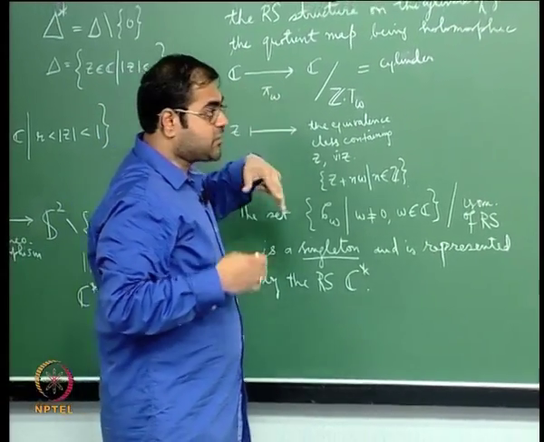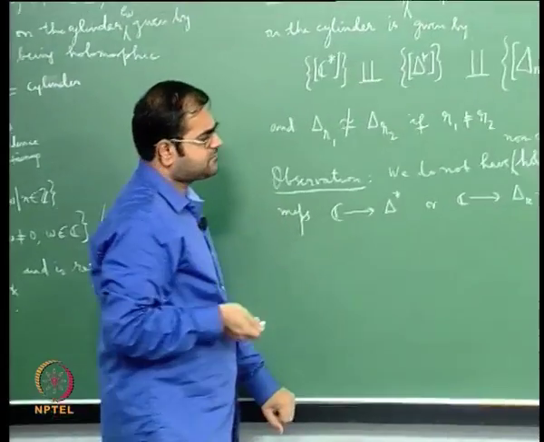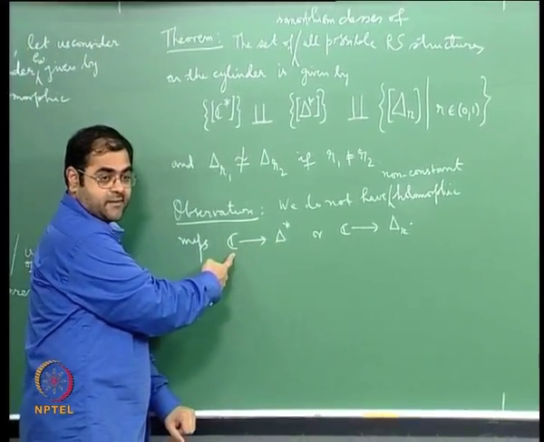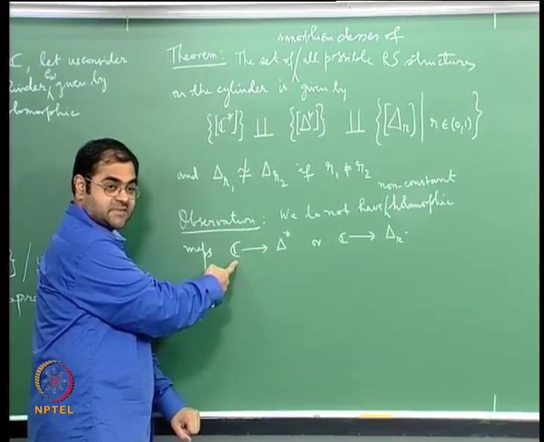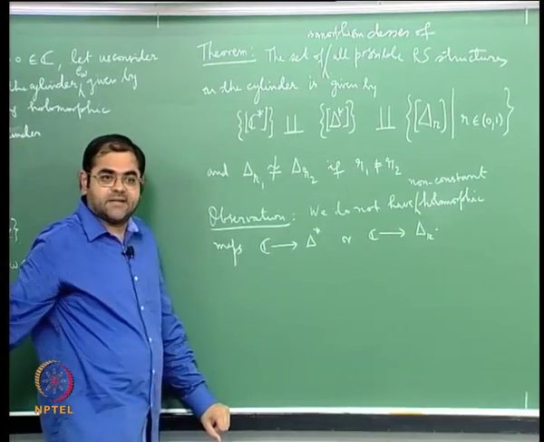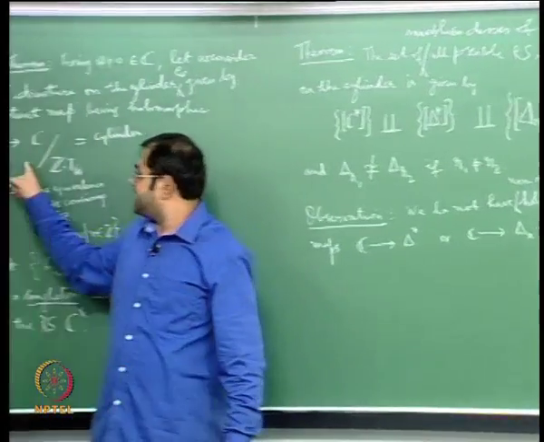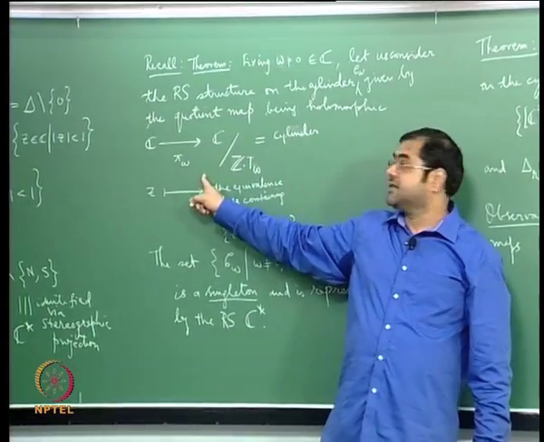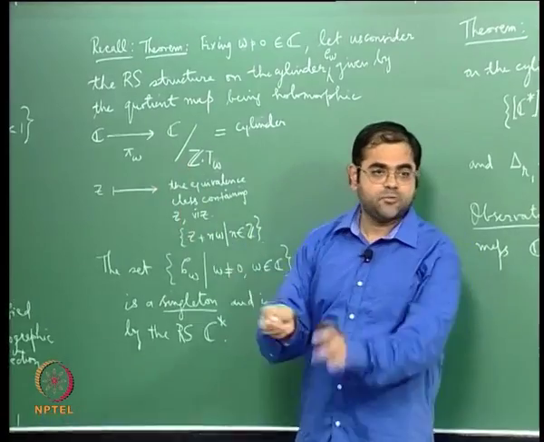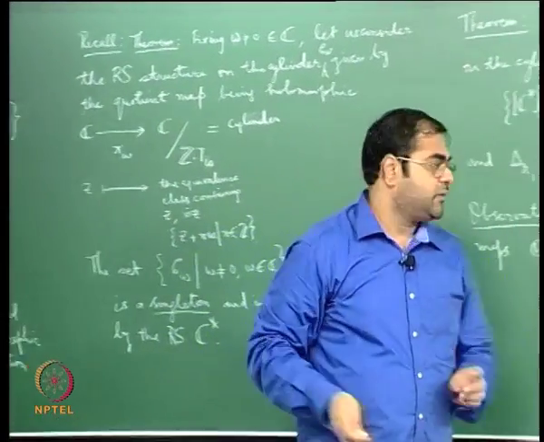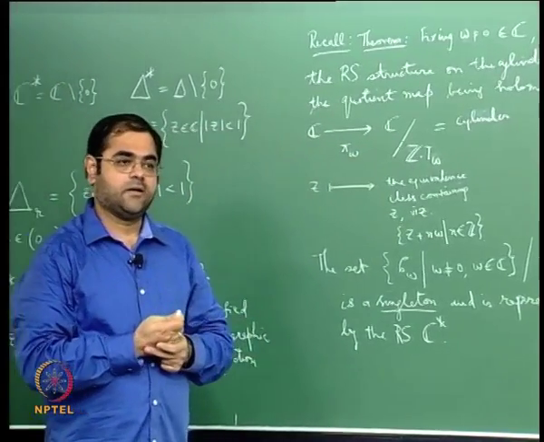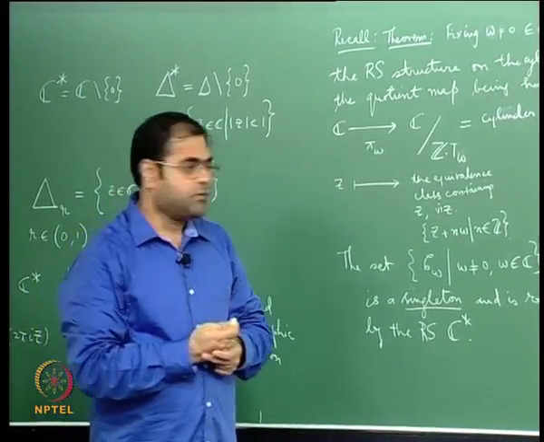So in some sense this is leading you to believe that delta star cannot be a holomorphic quotient of C, delta R cannot be a holomorphic quotient of C, but C star is, and every cylinder of every Riemann surface structure C sub omega that I have gotten here is of that type, and that should be the distinguishing feature. So it is very important to look at maps such as this, and these maps are called covering space maps.